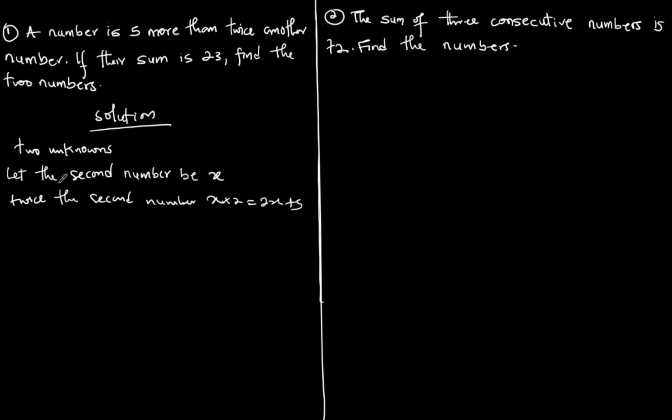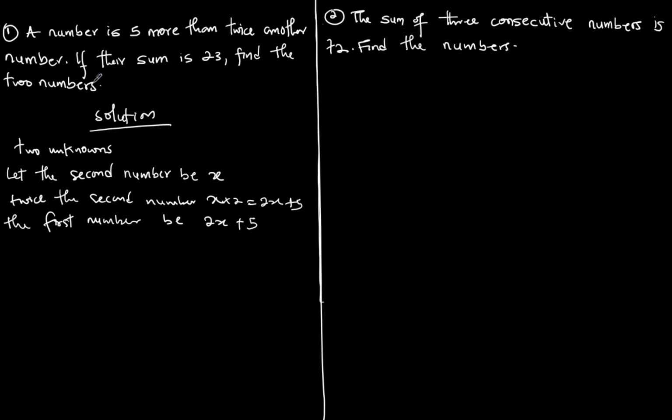So let the second number be x, and then the first number be 2x plus 5. So first, we've identified the unknowns. Second, we've represented the unknowns using letter. So the second number is x, and then the first number is 2x plus 5.